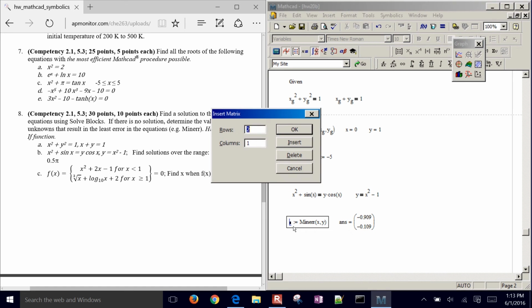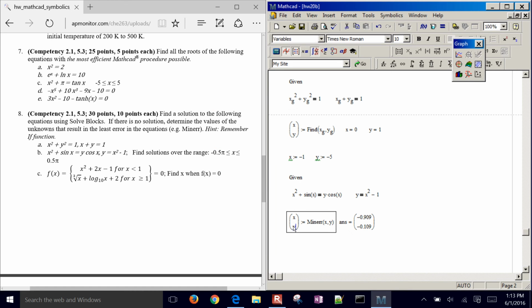Okay, so Control M, X and Y. Okay, so then if I do X and Y, we can figure out how much this is not satisfied. You can check it down here.